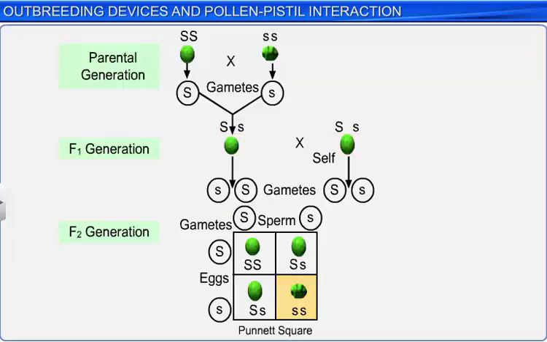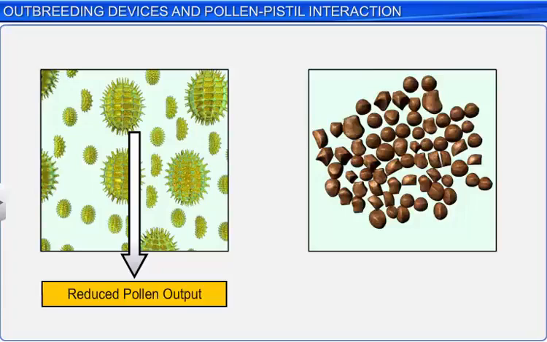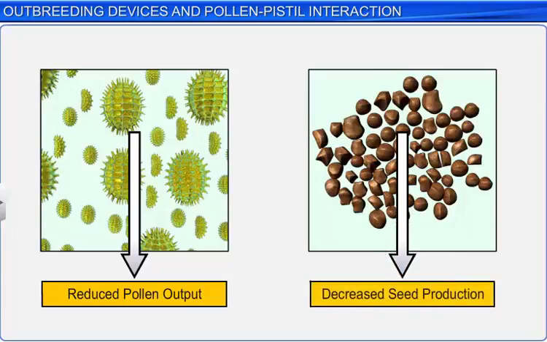Such offspring with undesired traits also face the risk of being eliminated during the process of natural selection. These undesirable traits include reduced pollen output, decreased quantity and quality of seed production, to name a few.